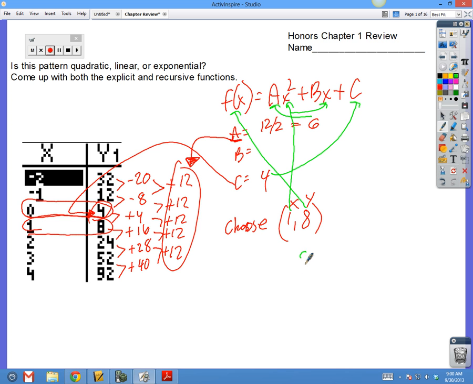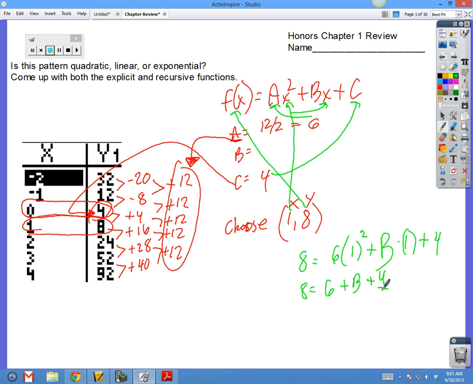So it's going to be 8 equals 6 times 1 squared plus b. Leave it as a variable. You don't know what b is. And there we go. Now just do the algebra. 8 equals, 1 squared is 1. 1 times 6 is going to be 6. b times 1 is b, plus 4.